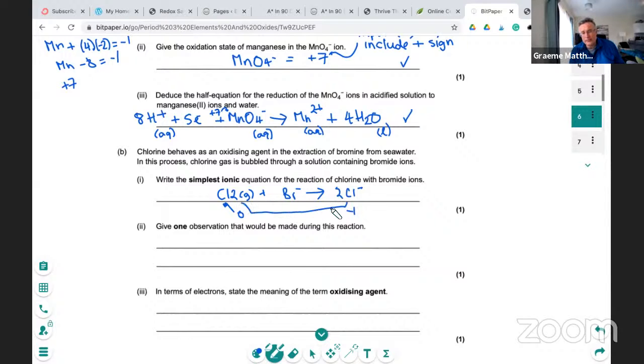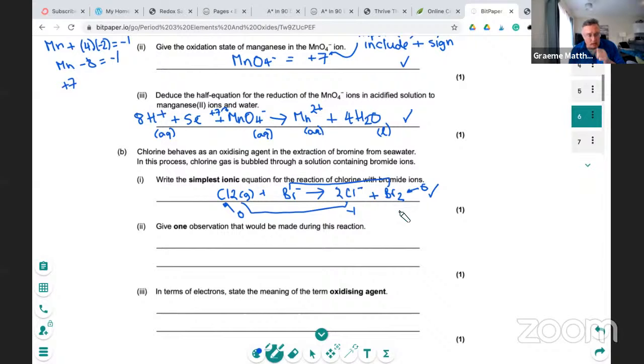And then Br minus: the extraction of bromine. Well, you would probably want bromine to become Br2, and so this is going to be zero oxidation state. So something like this. Good. Yes, that was easy.